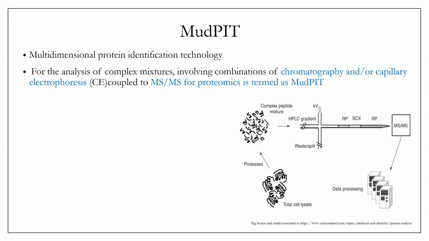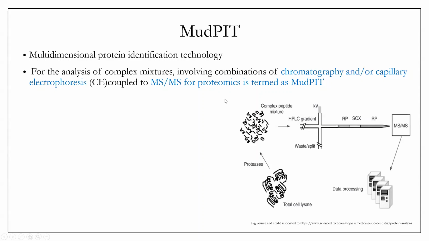In this technology, we normally combine liquid chromatography or capillary electrophoresis with mass spectroscopy. That's why it is called a combination, because it is multidimensional, where we have a chromatography section which is attached to the MS/MS, that is, mass spectroscopy. So that's why this is called multidimensional protein identification technology.